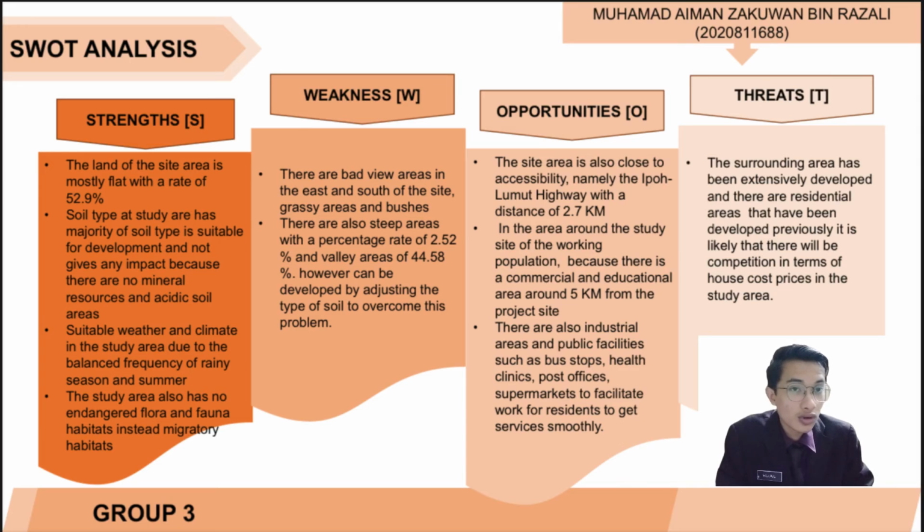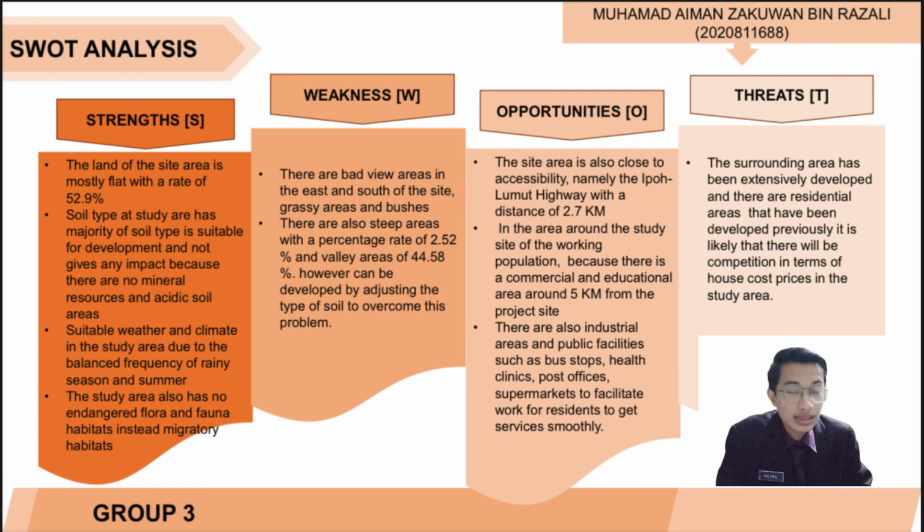There are also austere areas with a percentage of 22.52%, and valley areas around 44.58%. However, this site can be developed by adjusting the type of soil to overcome these problems.